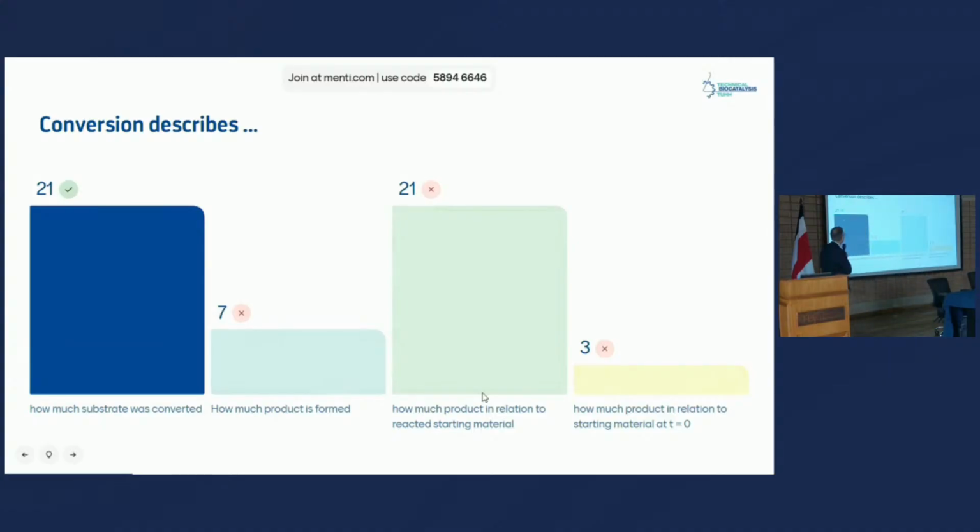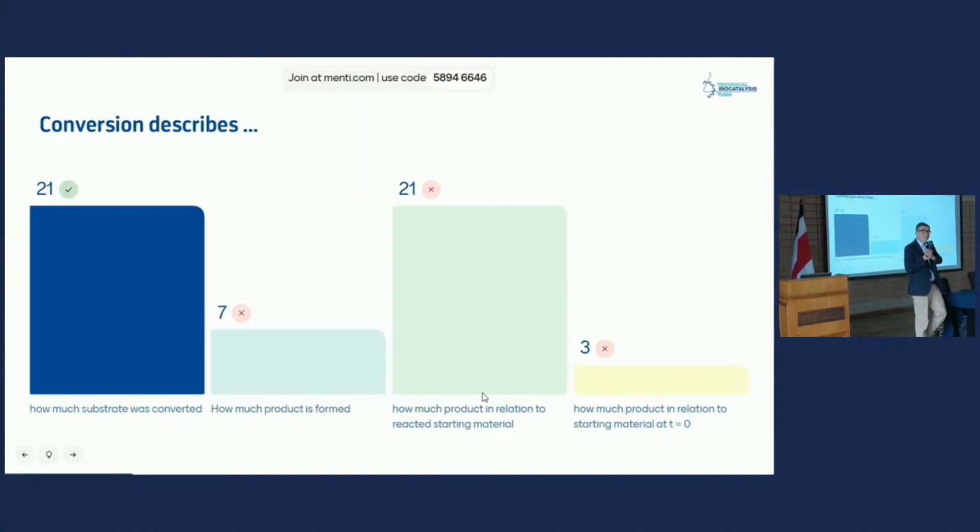Okay. Yeah, so we had 21. That was the right answer, the green sign: how much substrate was converted. So conversion is just asking how much starting material has reacted away. How much product is formed is of no interest for conversion, so it can be 100% side product. How much product in relation to reacted starting material? No, that was the selectivity.